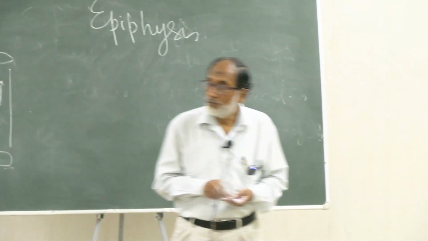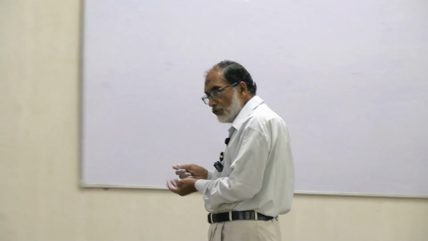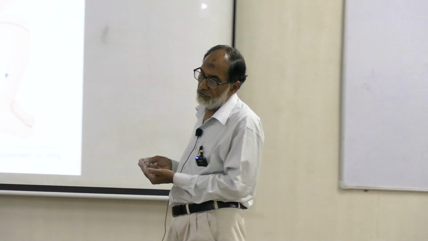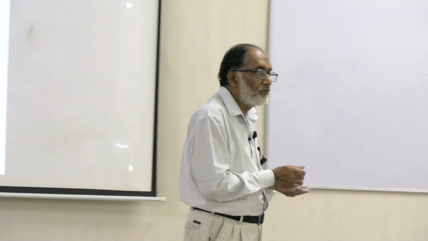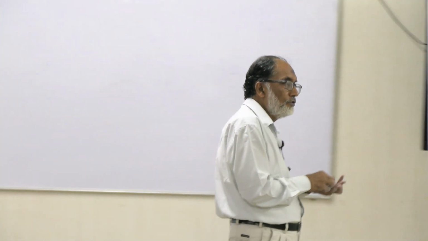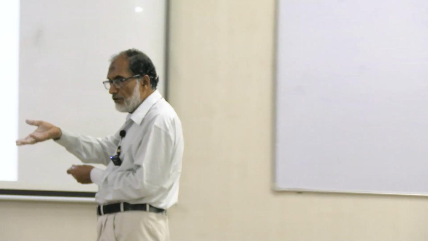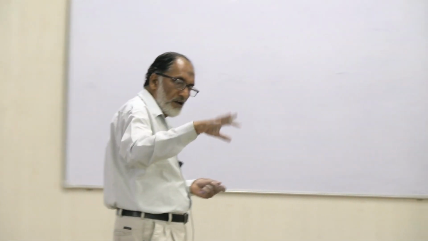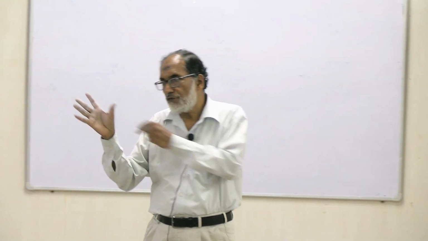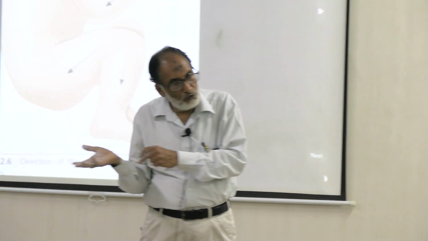So this is in short today's class. Now, what new things did you learn? You learned the classification of bones according to shape, structure and development. According to development means whether it develops from cartilage or from membrane: membranous bone or cartilaginous bone.